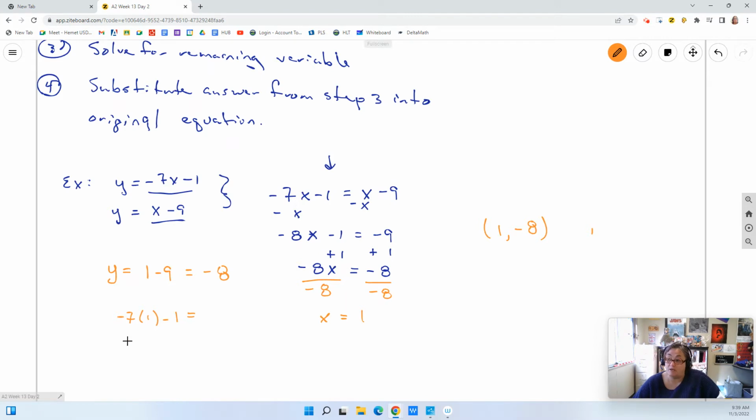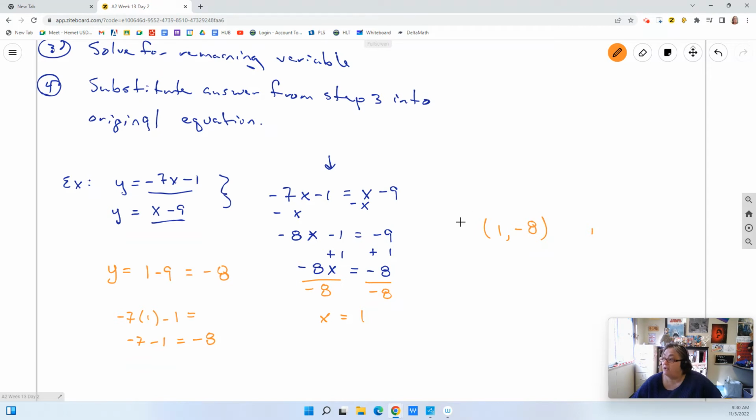Negative 7 times 1 is negative 7, minus 1 is negative 8. And you can see that the y is the same for both equations. We're still getting 1 and negative 8 as a true solution to each of those equations.